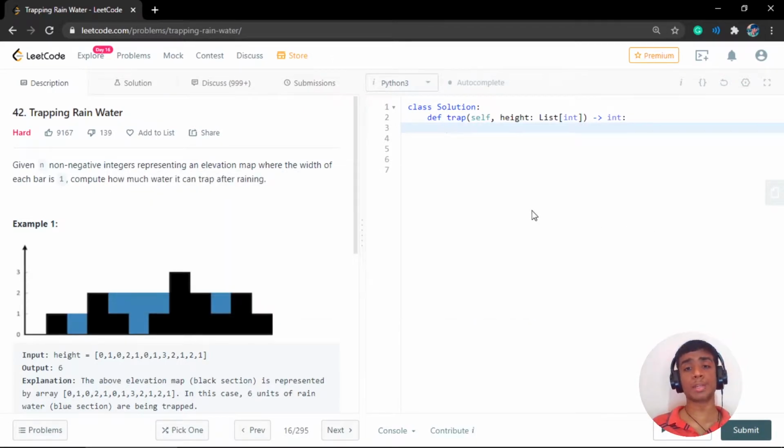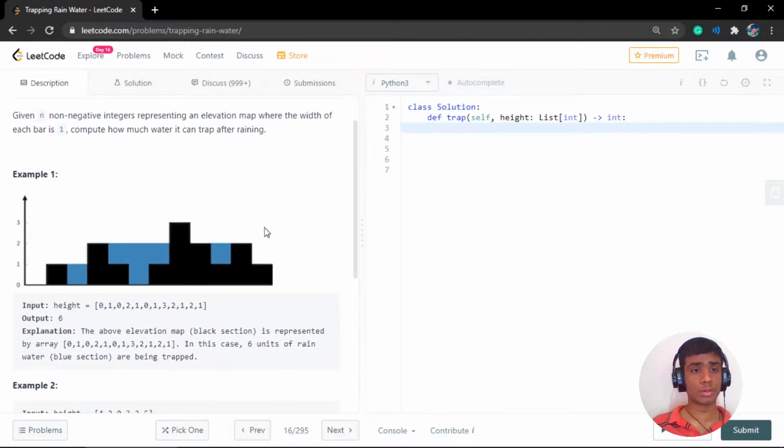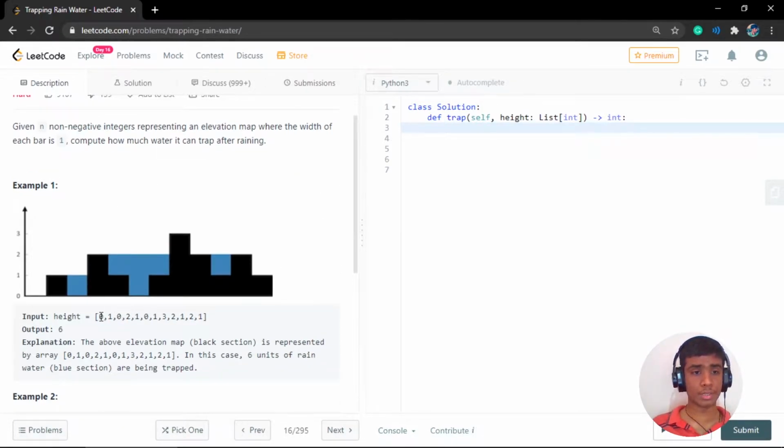Let's understand the problem statement first. So, the problem statement expects you to find what is the water that is being trapped based on the given elevation map. So what do they mean by elevation map? They give you a list or array. So each element in the array represents what is the elevation at that index. So consider this as a 3D model.